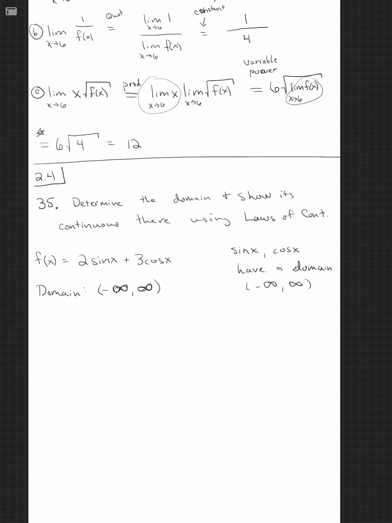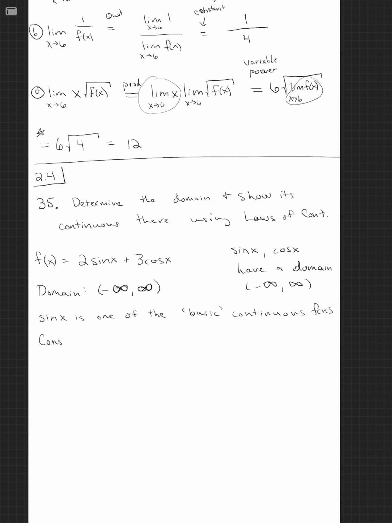And we also know that sine is one of the basic continuous functions. Right? There's a whole list of them: polynomials, rational functions, algebraic functions, trigonometric functions and their inverses, exponential functions, logarithmic functions are all continuous on their domain.